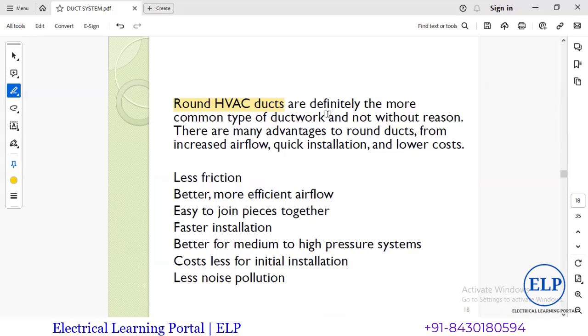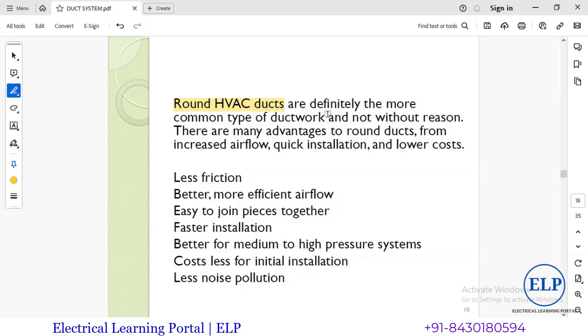But the disadvantage of round ducting is that you cannot depend upon it, because normally the material of round ducting is not as compatible as compared to rectangular ducting, but still you can go with round ducting also.